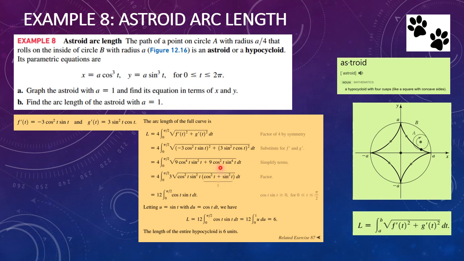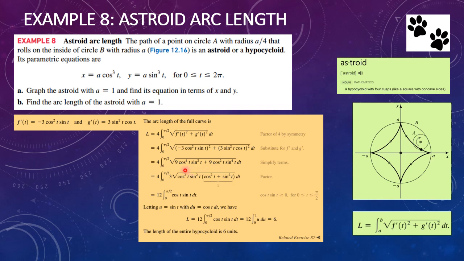Notice we have a cosine squared and a sine squared in each. We also have a 9. Well, first of all, we can factor out a 9. So we have 9 times the sum, and of course, when a product is inside of a radical, you can take the square root of each. So we have 3 on the outside. That takes care of the 9. And then notice we have a sine squared and a cosine squared in each.